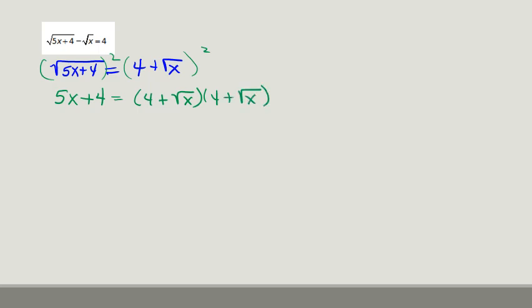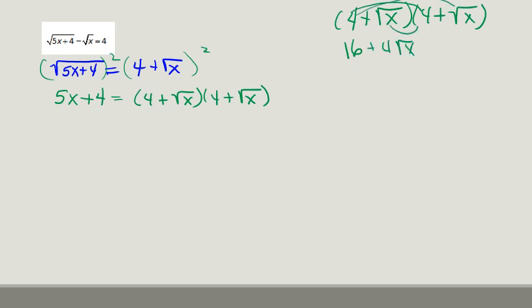And again, I'm going to do some scrap work over here because I'm lazy. Okay, so when I distribute, I'm going to get 4 times 4 is 16. Distribute again, I'm going to get plus 4 root x. Distribute again, plus 4 root x. And the square root of x times the square root of x is just x.